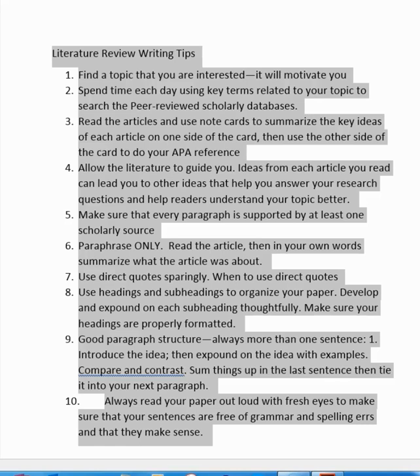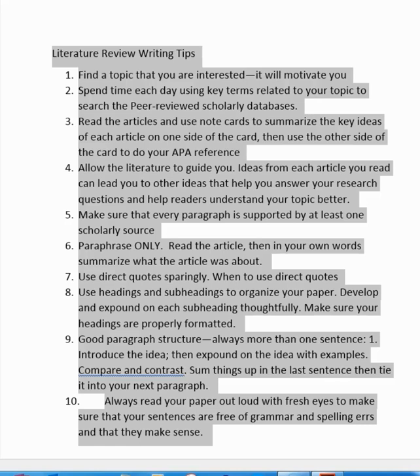Number 3, read the articles and use note cards to summarize the ideas of each article on one side of the card, then use the other side of the card to do your APA reference. I can remember going through and having stacks and stacks of papers that I had printed out when I was doing my dissertation.